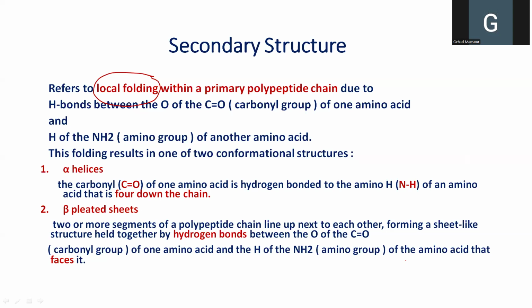Or how do we make these bonds? By having hydrogen bonds between the oxygen of the carbonyl group of one amino acid and the hydrogen of the amino group of another amino acid.